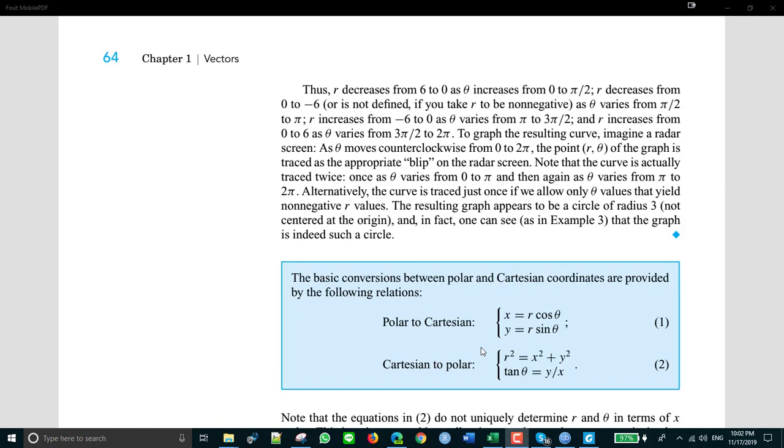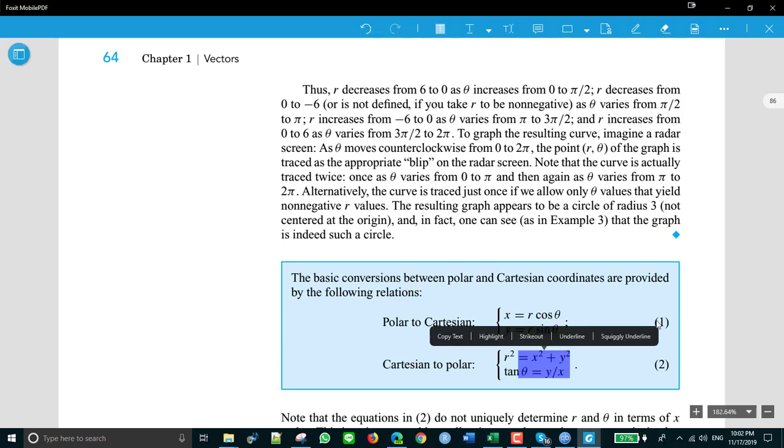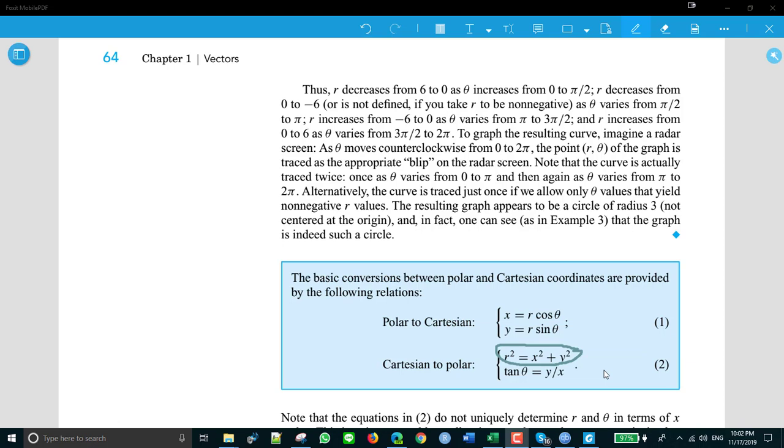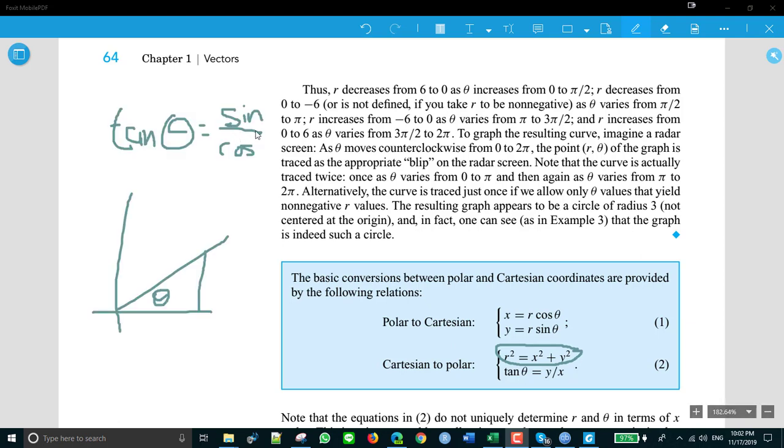So the basic conversions are, we saw that one, and the tangent of theta is y over x. We know that the tangent is sine over cosine, and sine is just y and x, so we get this relationship as well. So this is r and tangent of theta in terms of x and y. And then we can also do x and y in terms of r and theta.